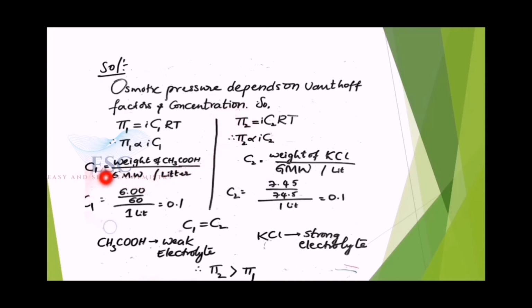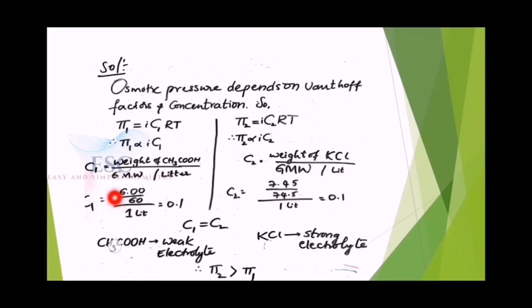What is C1? The weight of acetic acid by gram molecular weight per liter. C2 is the weight of potassium chloride by gram molecular weight per liter. So just substitute the values of C1 and C2.